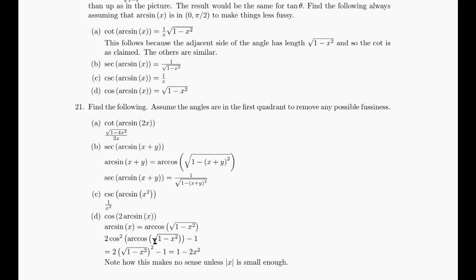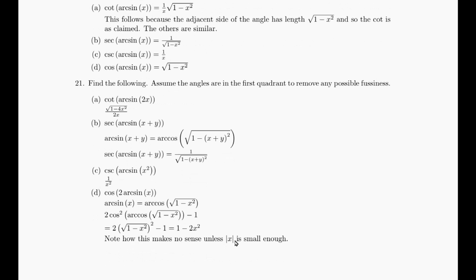Now the cosine of the arc cosine of this is just this, so it's squared here, and so I just get 1 minus 2x squared. Now you should notice that this doesn't make any sense at all unless absolute value x is very small, and that's the kind of thing you run into when you do these kinds of problems.